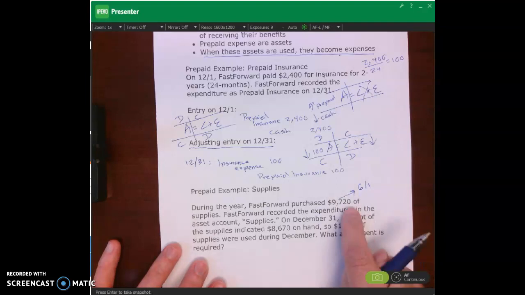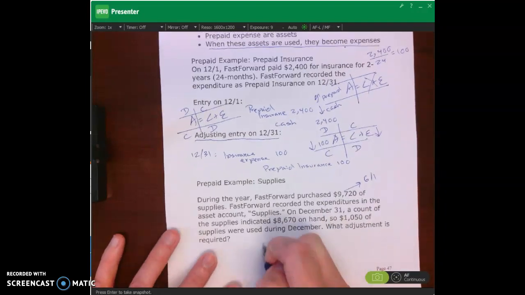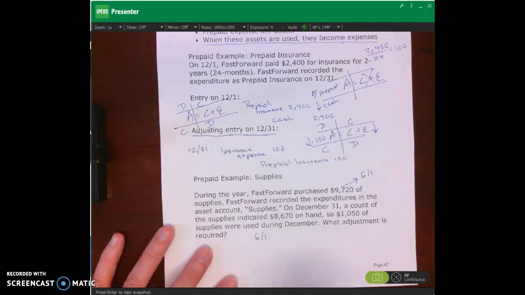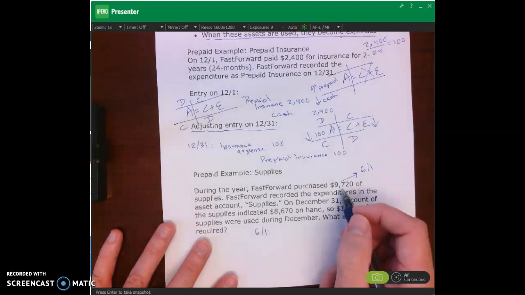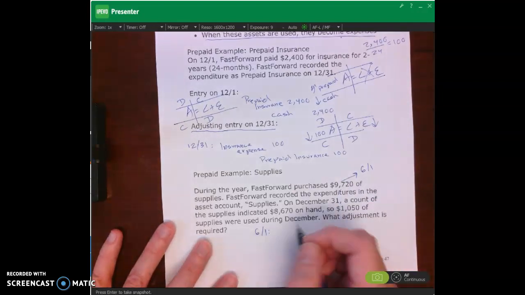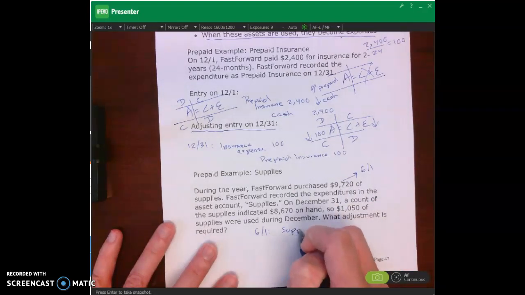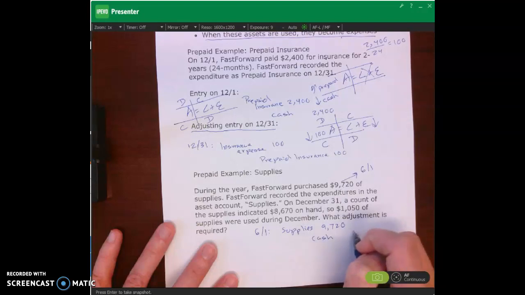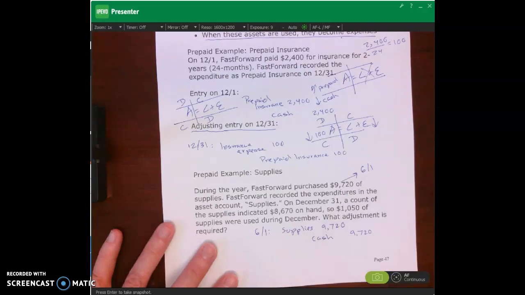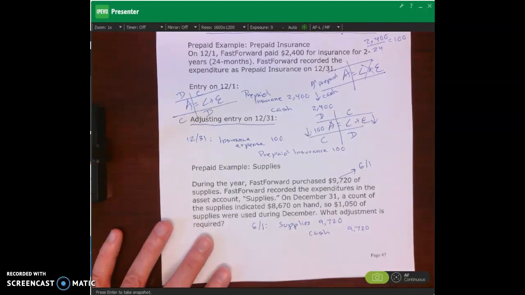So on June 1st, they purchased $9,720 of supplies. Let's get the journal entry on June 1st. I'm just adding that to the problem. So they debited supplies, the asset, for $9,720, and then they credited cash for $9,720. That's what they did on June 1st.